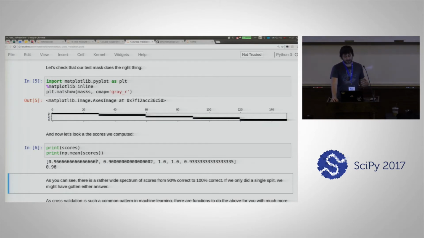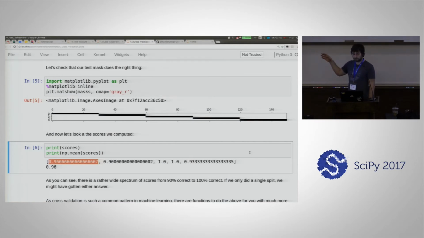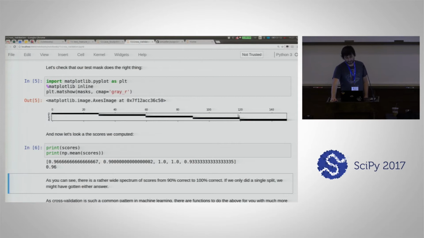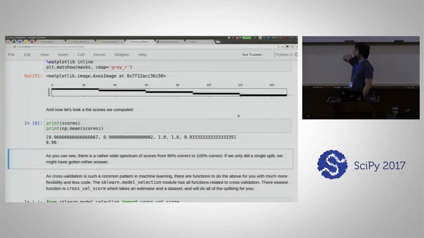So this is accuracy, and we have 5 different accuracy values, and you see they go between 90% and 100%, and they have a mean of 96%. On a real application, I would be slightly concerned because that's a pretty big standard deviation.